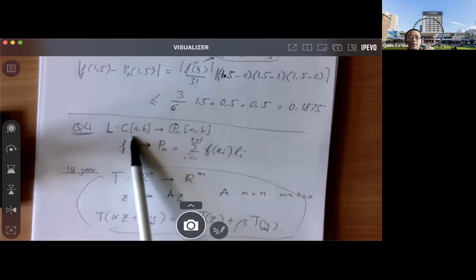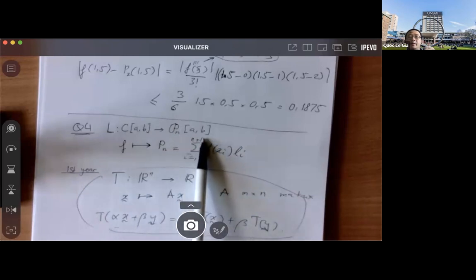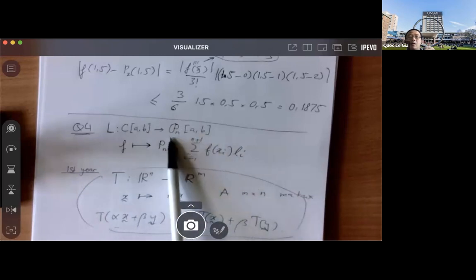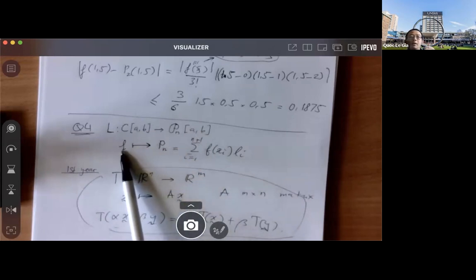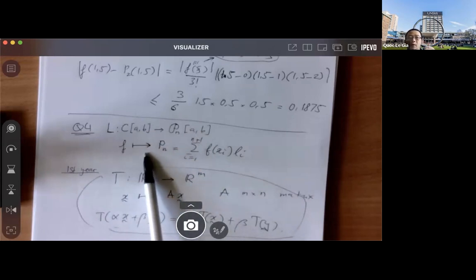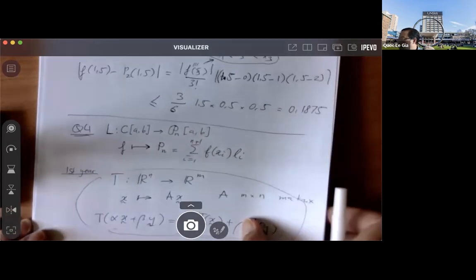Here we have an infinite dimensional space. The set of continuous functions is a set of infinitely many continuous functions over the interval, right? And then you map it into the finite dimensional space of polynomials of degree n. Okay, so we can think the Lagrange form of the interpolation is a linear map like this. And now we have to prove it. So that is the idea of this question.